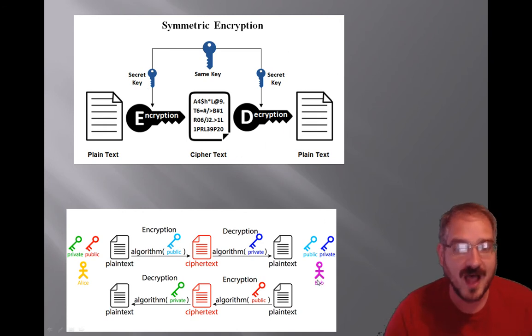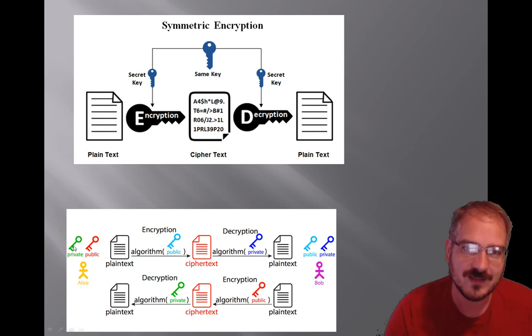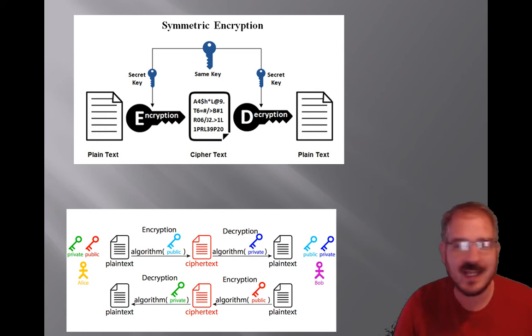Now Bob wants to reply. So he takes his message, encrypts it with Alice's public key, sends it to her, and she decrypts it using her private key. In this way, nobody has to know anybody else's secret key, like they did under symmetric encryption processes.